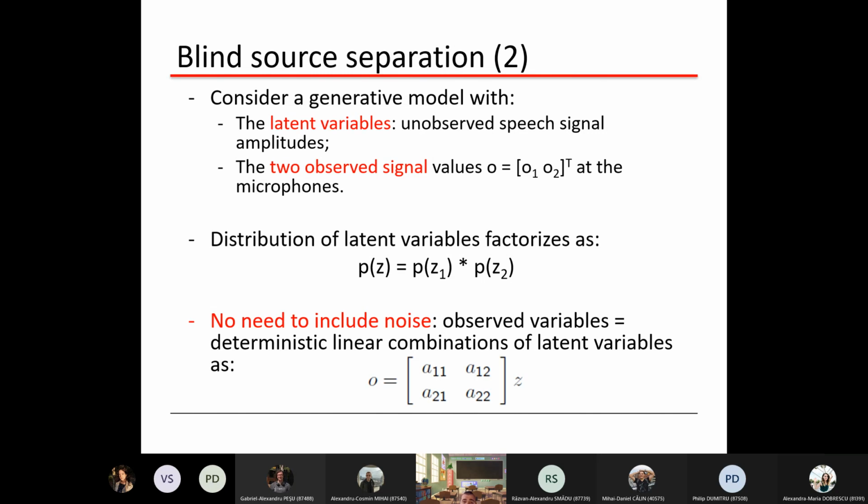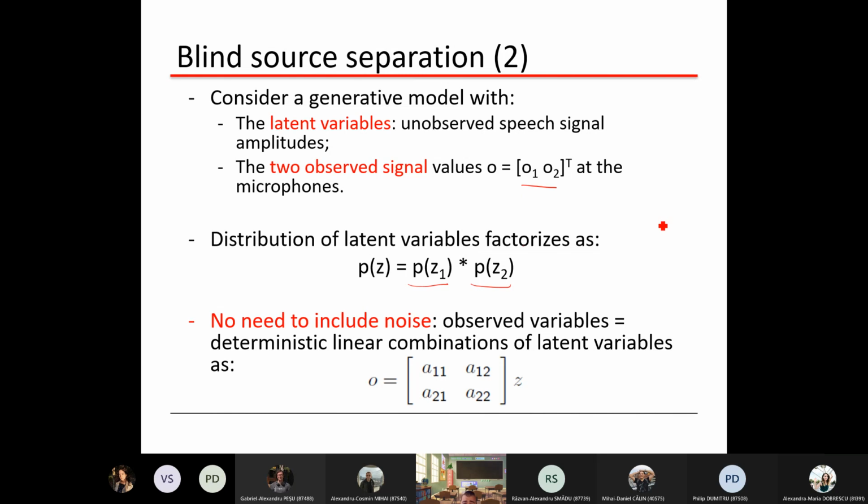Now, if we consider a generative model having the latent variables as the unobserved speech signal amplitudes, the two observed signals will be the pair O1 and O2 at the two microphones. Since the distribution factorizes, the probability of one person speaking is independent of the probability of the other person speaking, and we don't have to include noise.